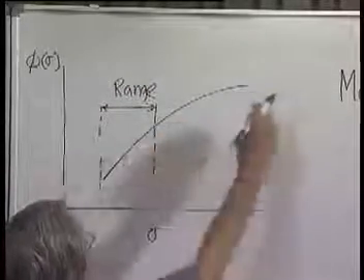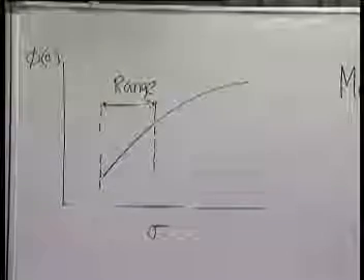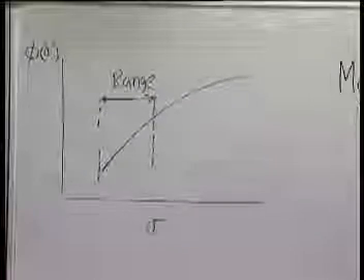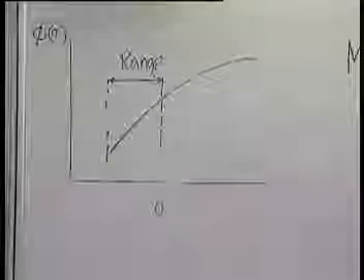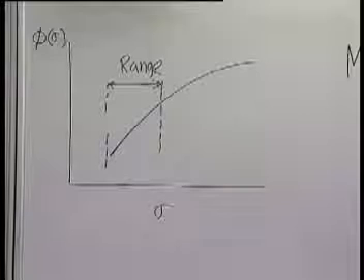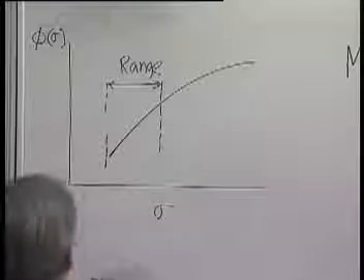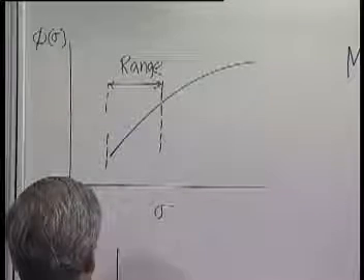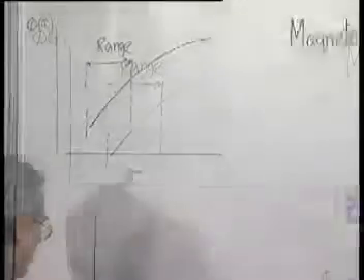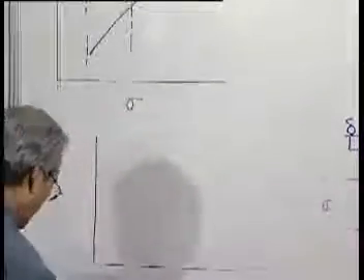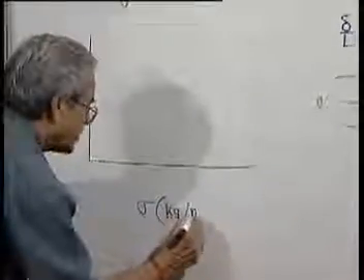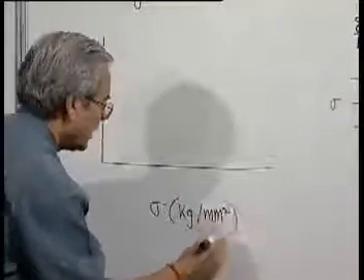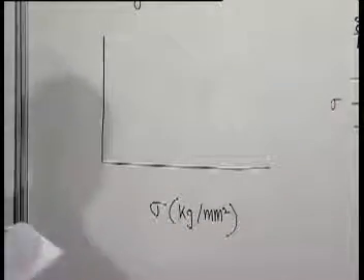After that it tends to become nonlinear, and as mentioned earlier, we should always try to achieve linear characteristics. This is the general thing. Sigma in kilogram per millimeter square, kilogram of force, it is not an SI unit, which are given in this.